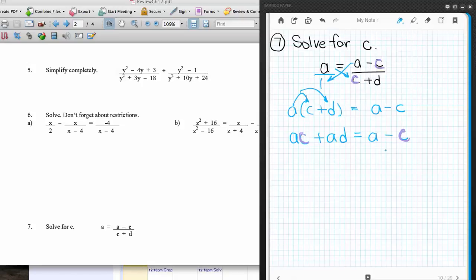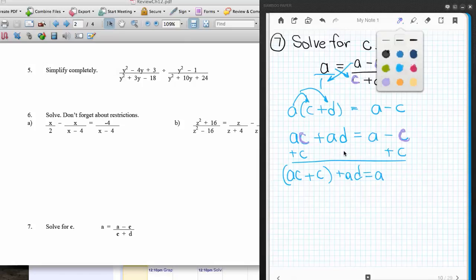So I'm going to add C to this side, and now this is going to look like AC plus C. I'm just going to put some parentheses around that so that you see it, and then plus AD equals A. Put some color in here for the C's. So there's my C's, and there's my C's.